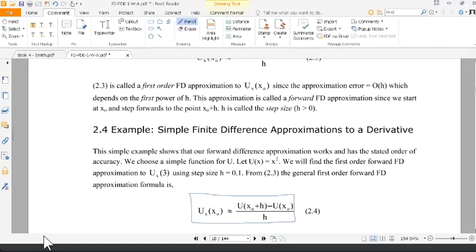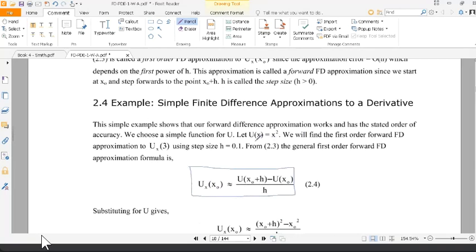Okay? When we have u equal to x², then u(x0 + h) is (x0 + h) power 2, because u(x) is x squared, and u(x0 + h) is (x0 + h) power 2, okay?